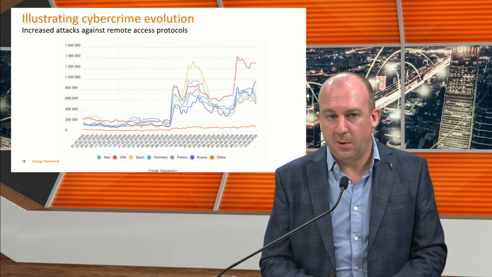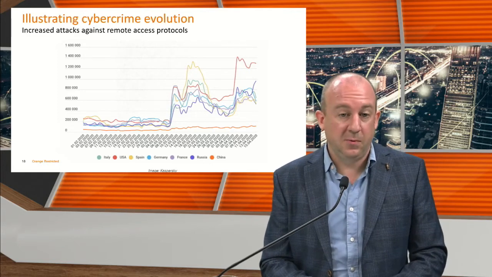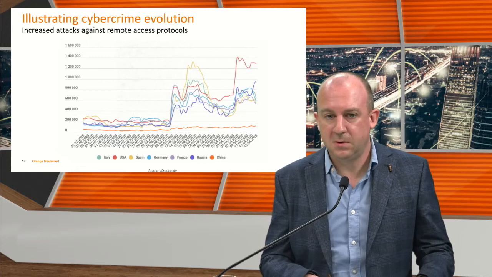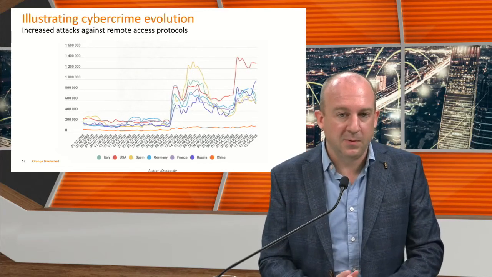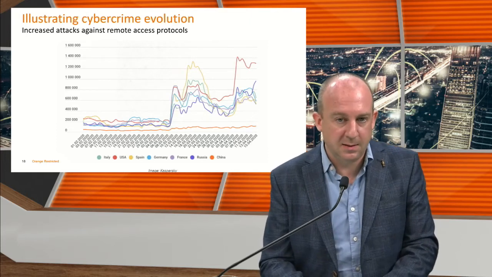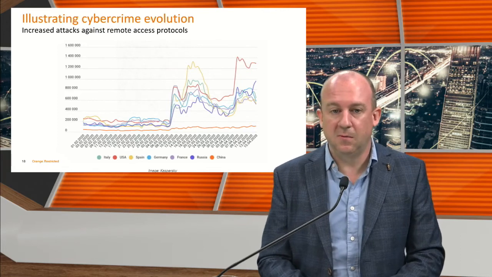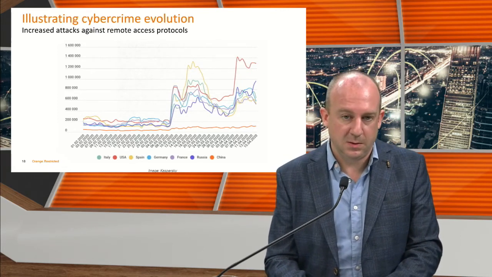Another great example of where we see that cyber criminality is evolving is where they also try to follow current affairs. Now, these graphs have nothing to do with corona infections, although they're slightly related to them. These are the increased attacks and port scans we have detected over the last year, since the beginning of March, towards remote connectivity protocols and VPN solutions.